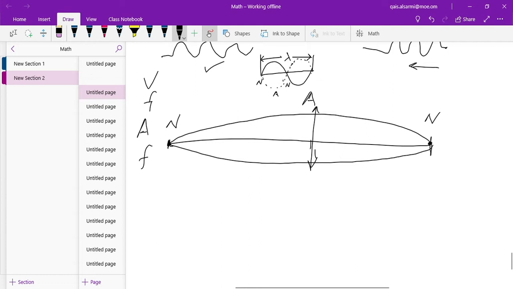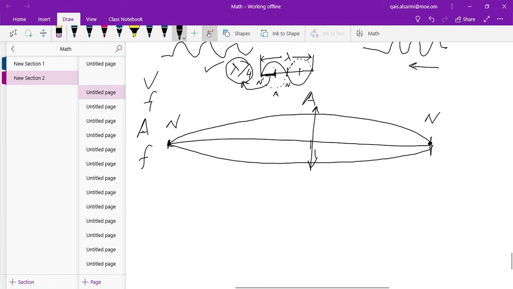So here I can say that the distance between a node and a consecutive antinode is equal to lambda over 4, because the whole lambda is divided into 4 segments. So keep in mind students that the distance between node and antinode is lambda over 4.